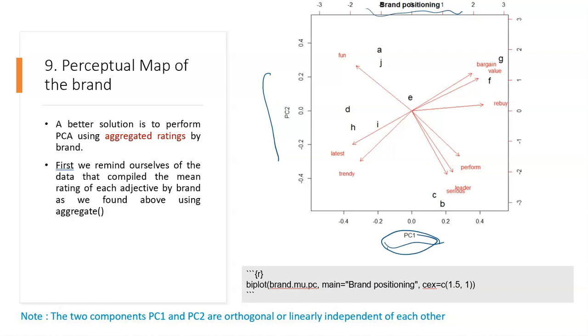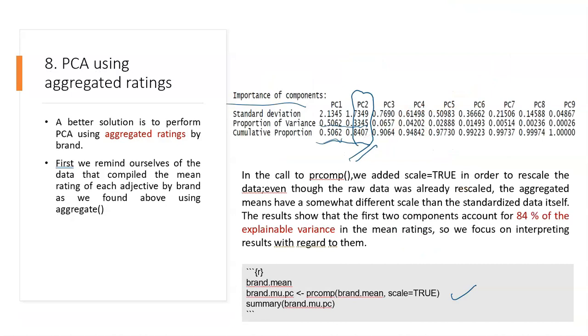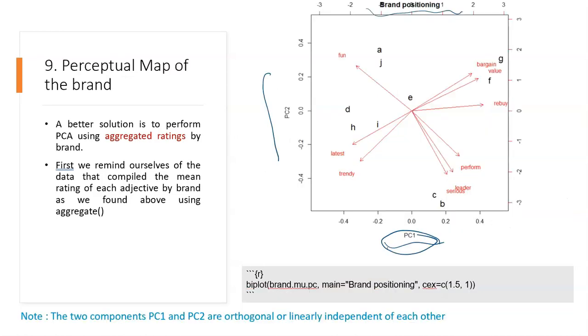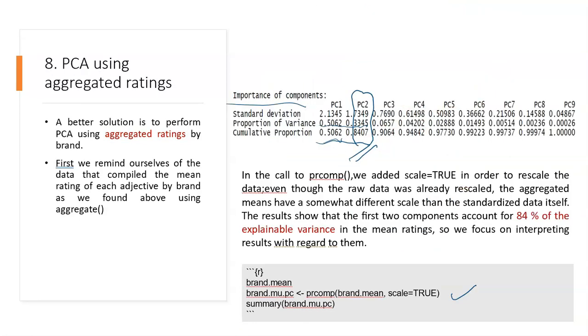Here we are getting 84% of the explainable variance.